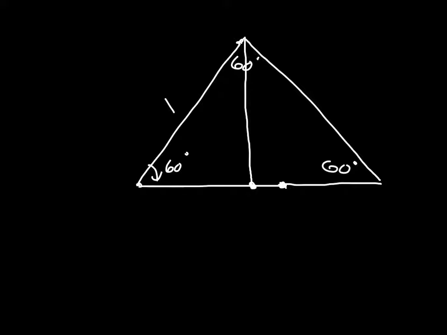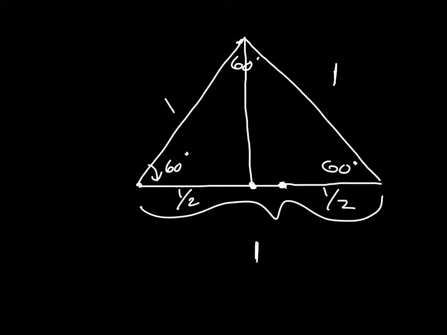If I half that angle, that's 30 degrees. And that means I've also halved this side. So if the angles are all the same, it means that the sides are all the same. If I half this side, it means they're each 1/2. And if I've drawn this perpendicularly, this is 90 degrees. These are both 30 degrees.